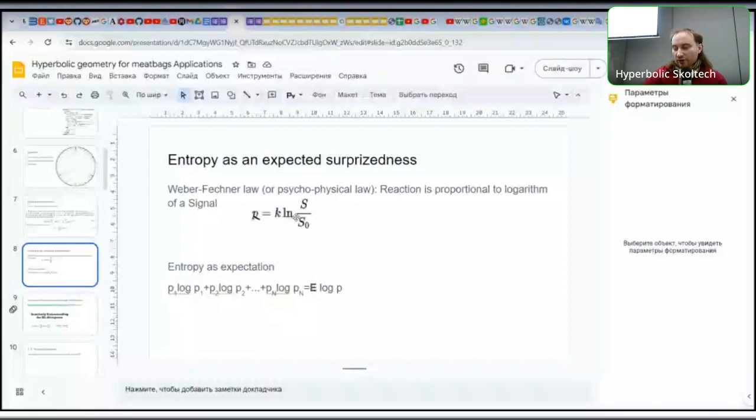Our reaction is logarithmic. Maybe this is an approximate law, but it has some meaning, as we don't look at absolute changes of a process, but at relative changes of a process.